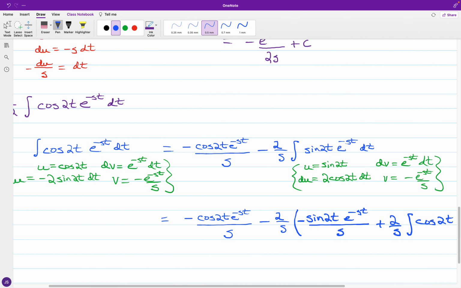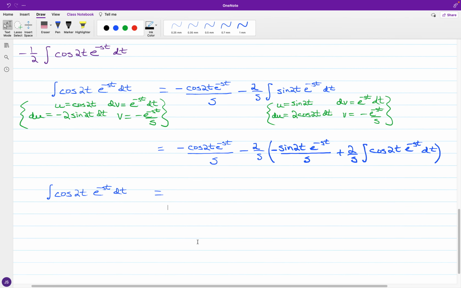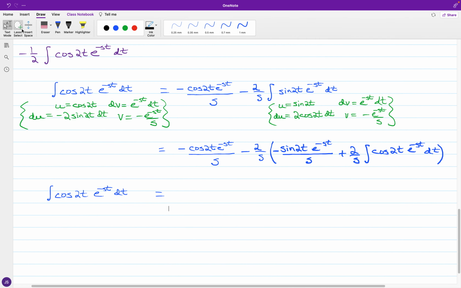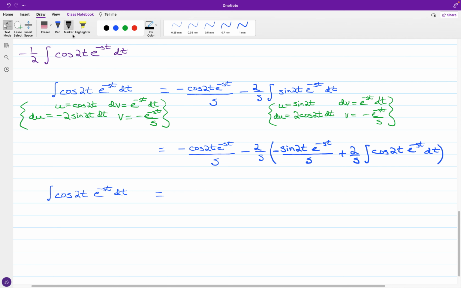If we go back, we started out with the cosine of 2t e to the negative st dt. Looking at what we have so far on the right-hand side, once again I have that cosine expression.